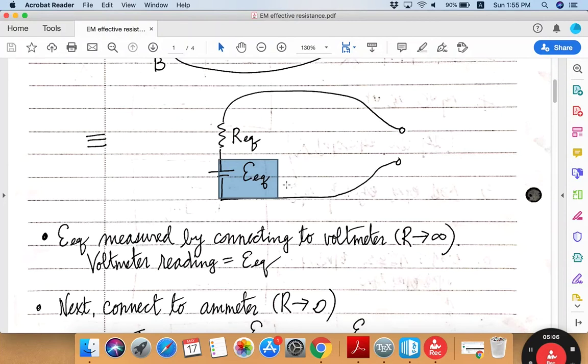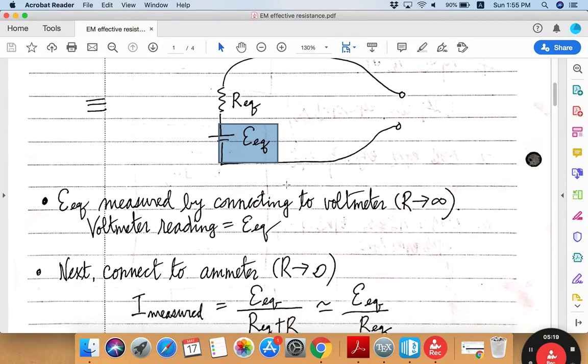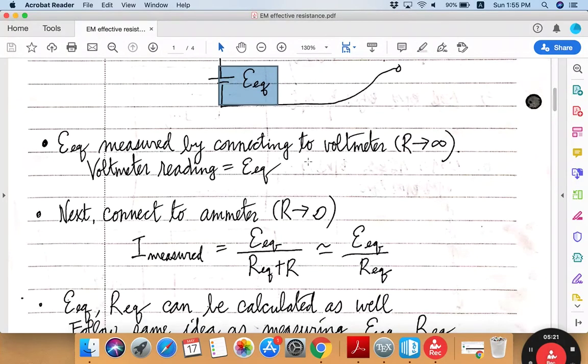So I'm just basically laying out the fundamental principle behind the use of a voltmeter to measure the voltage of some electrical device. In practice, that's how you measure the effective voltage of any device that you're trying to probe.